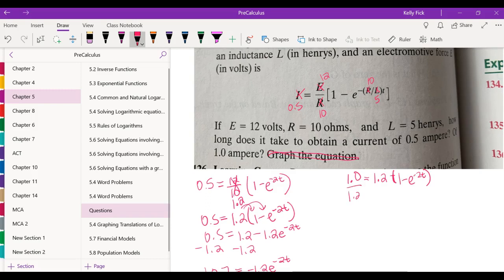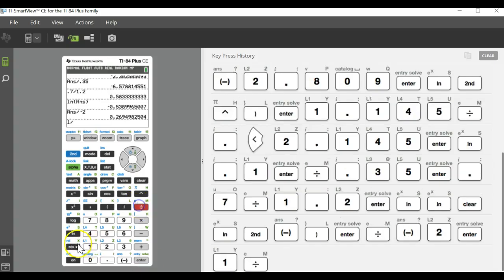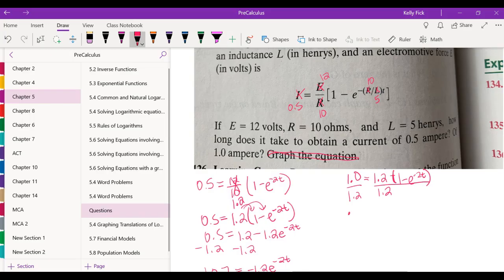So I would divide by 1.2. 1.0 divided by 1.2 is 0.83 repeating, equals 1 minus E to the negative 2T. So actually, I'm solving this differently. You don't actually have to distribute here because this is multiplication. We can do the opposite of that. The opposite of multiplication is division, and it cancels each other out. Sorry about that. I'm doing it a bit differently than I did the last one.